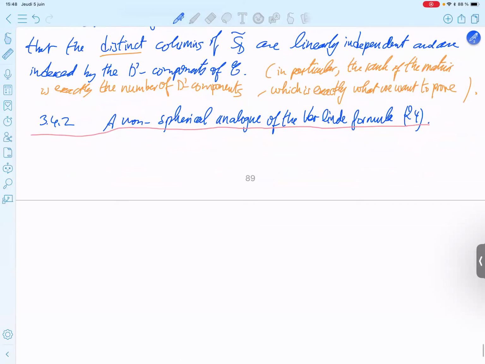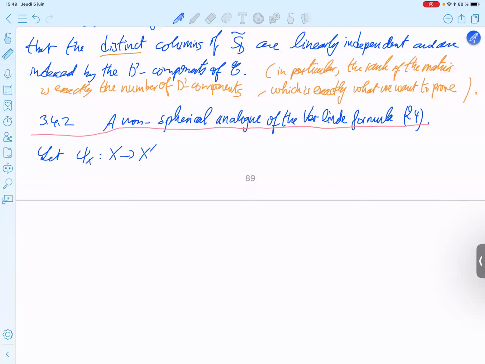So we consider the natural isomorphism between the identity functor and the double dual functor. It's an exercise to show that it always exists.